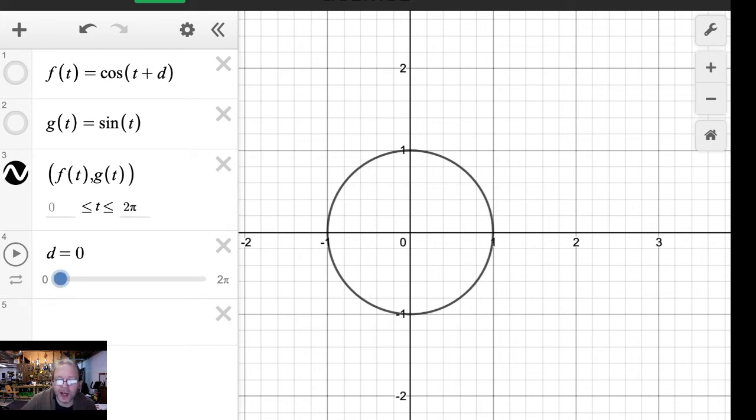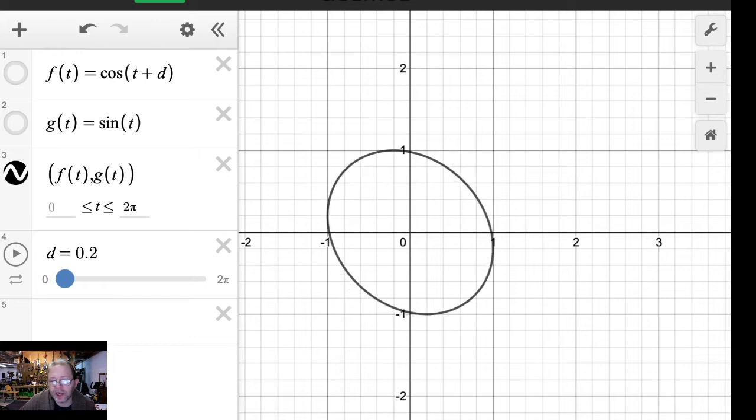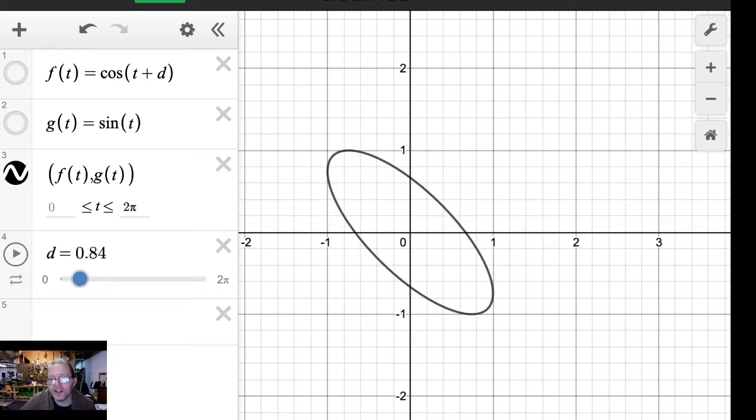But something interesting happens if I start to slide this around. It affects the number going into cosine here. Basically, it means that sine and cosine, the two functions, are now out of phase with each other, and d is a multiple of the phase shift.